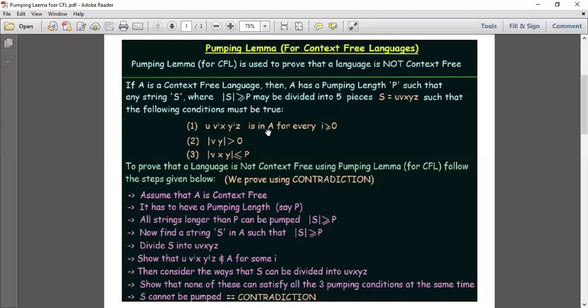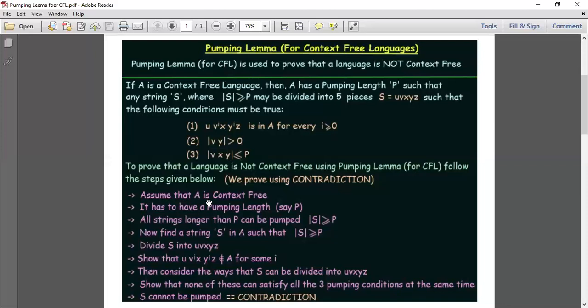Now, how to solve using the pumping lemma for context-free languages? There are a number of steps, and one by one we discuss each and every step for proving the language is not context-free. First, we assume that the language is context-free, as discussed earlier.